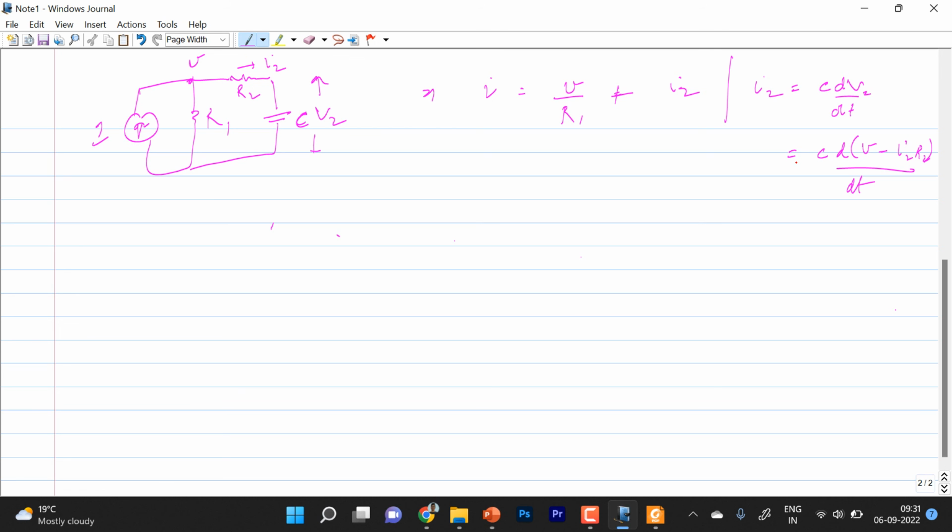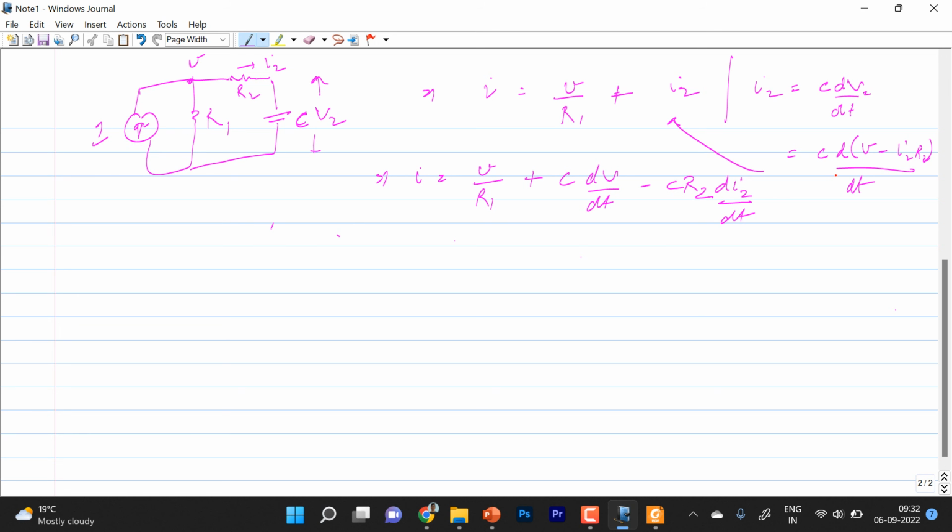So you can just substitute this particular thing over here, and this will become I equals V divided by R1 plus C dV over dt, and this is nothing but C into R2 di2 by dt.